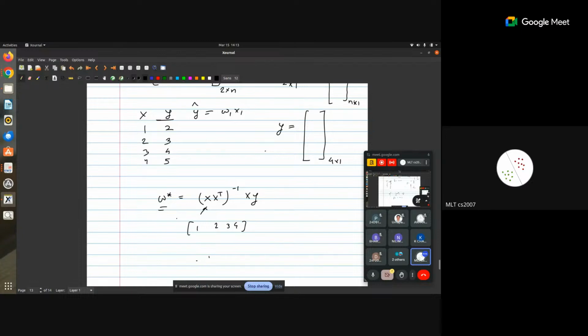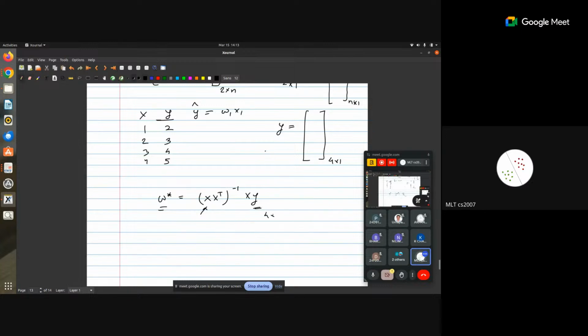This is the vector, right? 1 2 3 4. Anyway, in this case it's a single dimension, right? So if you take x transpose like this, or if you have a different thing, that is also fine. But how to decide whether it is correct or not? You can actually decide based on this also.